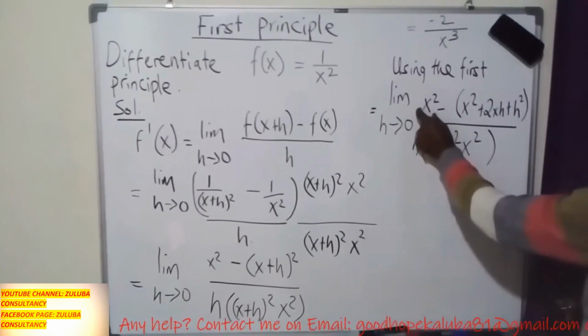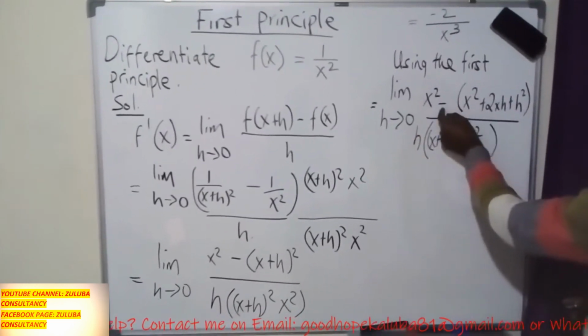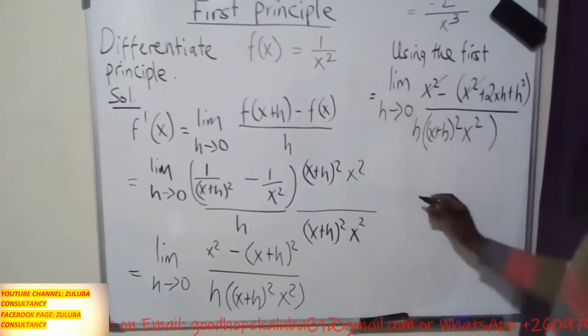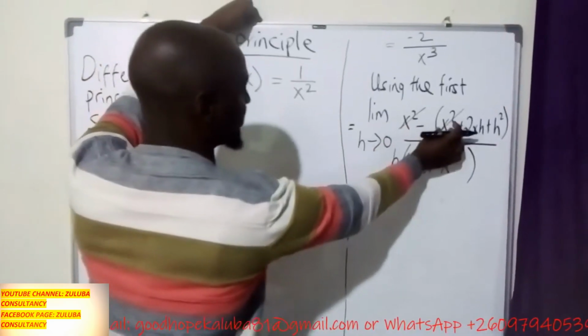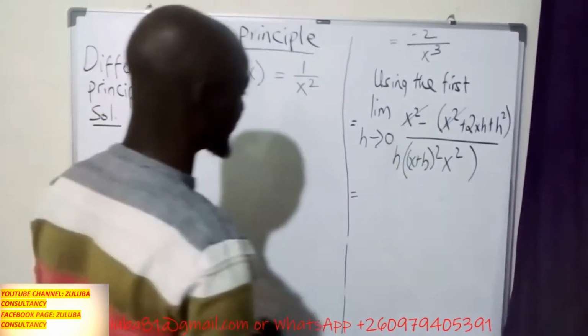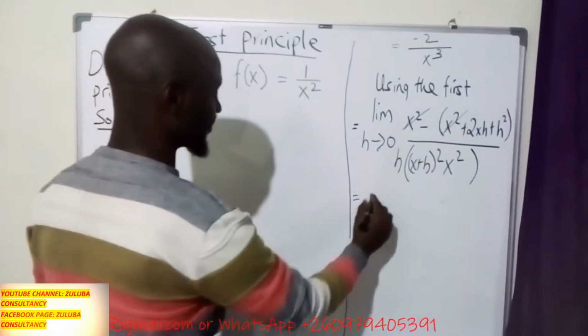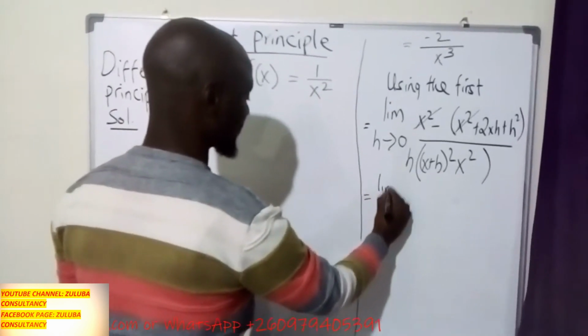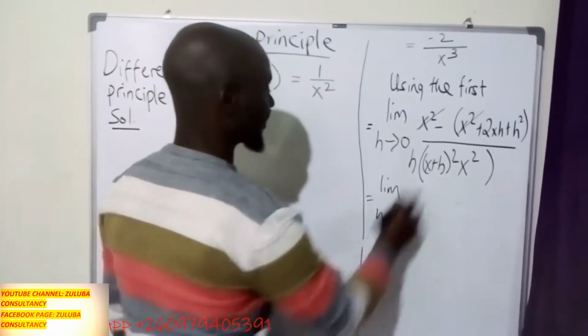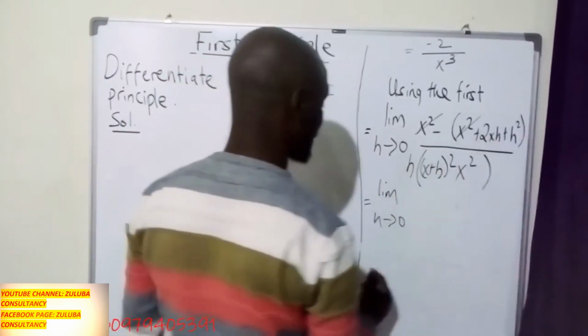Now here we have this one and this one, and we are going to simplify this. Here we've simplified this one and that one because we have a minus, so this minus will multiply with everything that we have there. So we are going to have the limit as h approaches 0. Now negative will multiply with everything.